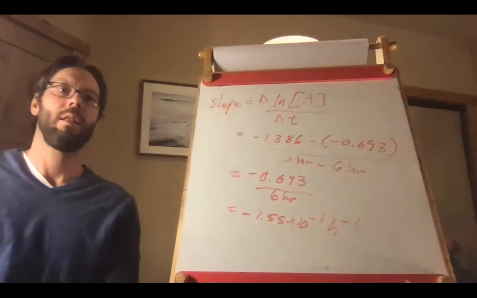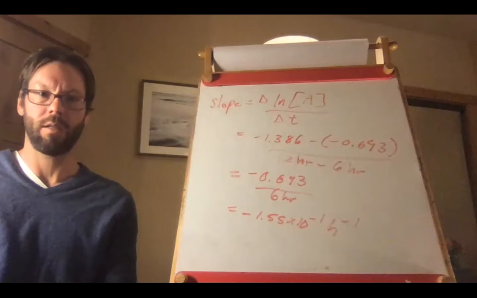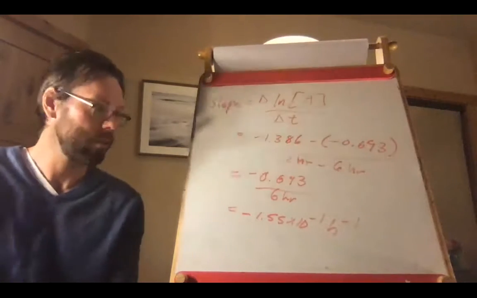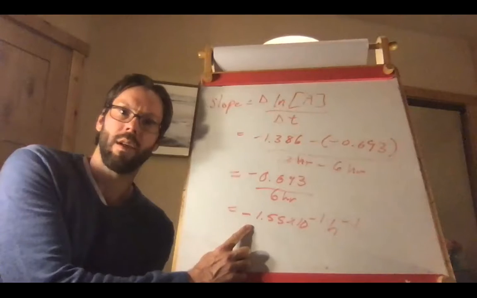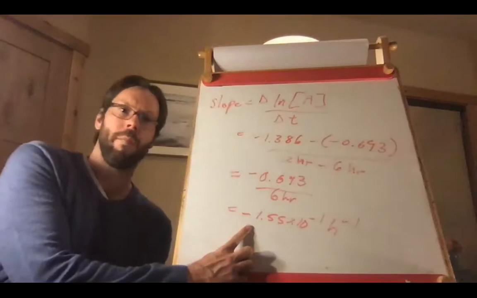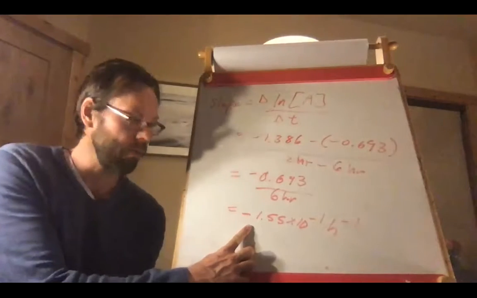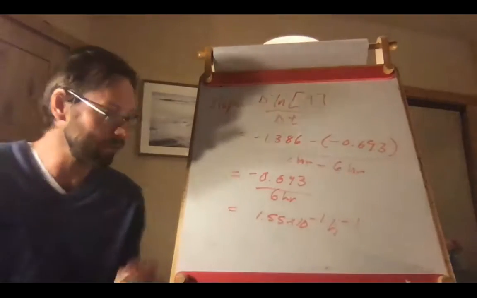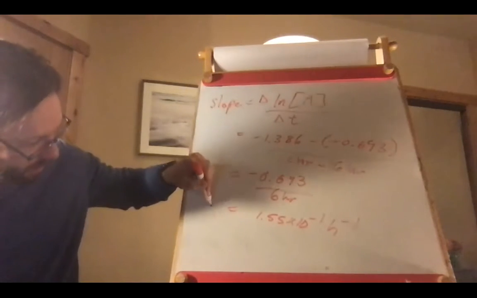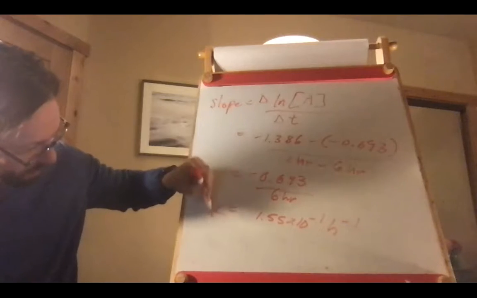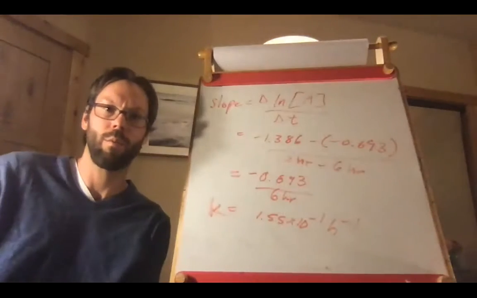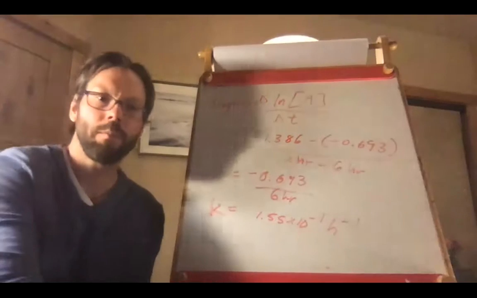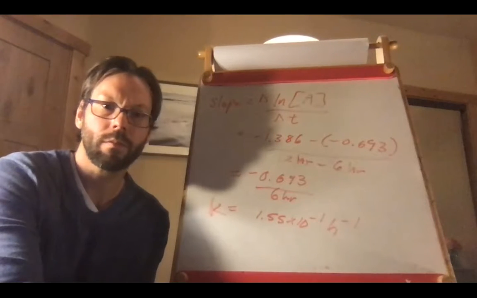So remember, the slope is equal to negative k. So if this is negative, if we just want to repackage this in terms of k, we just get rid of that negative sign. We switch it and say that k is equal to a positive 1.55 times 10 to the negative 1.